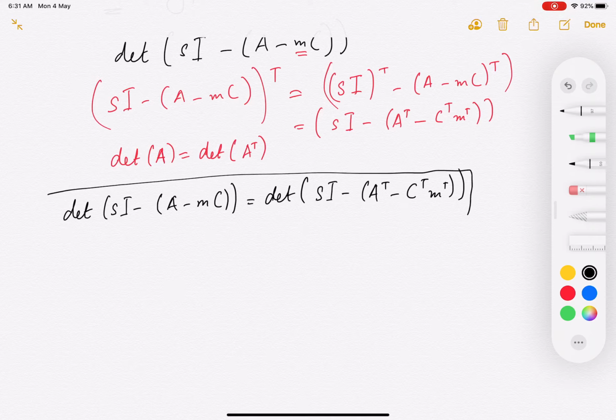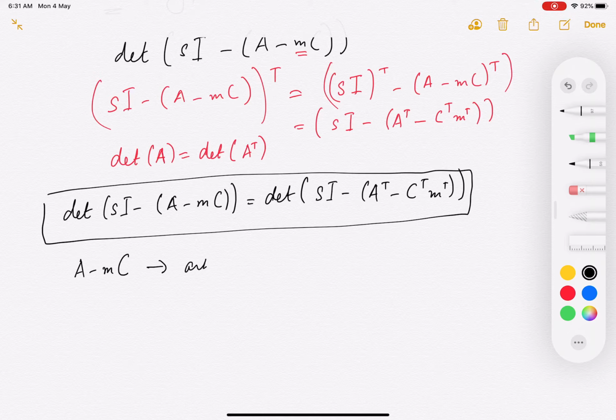So what does this equation imply? This equation implies that when you're placing the poles of A minus MC arbitrarily, you are actually also placing the poles of the matrix A transpose minus C transpose M transpose.